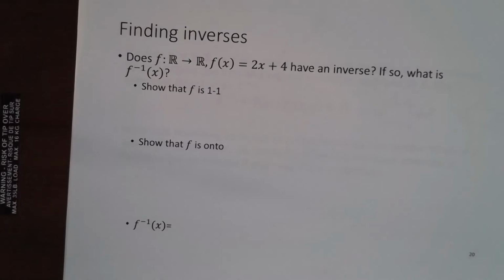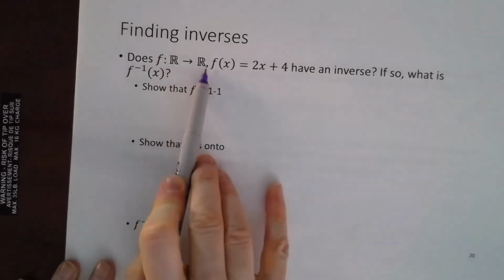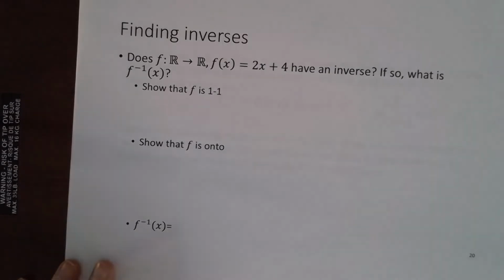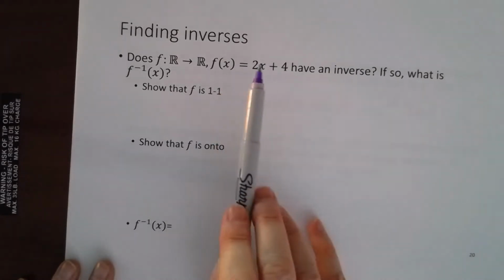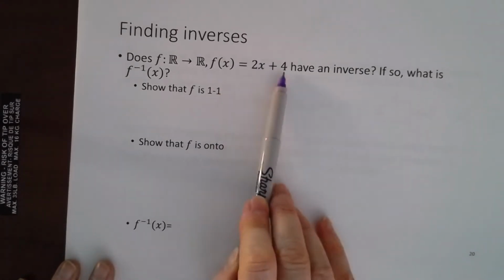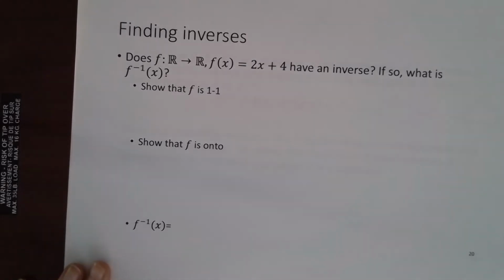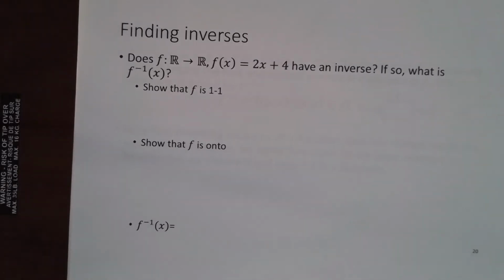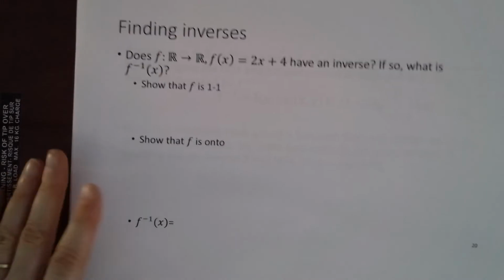This is something that you've all done before, so this will not be new to you. But let's look at the function f with domain real numbers, target real numbers, defined by take the input, multiply it by 2, and add 4 to it. Does that function have an inverse? If so, what is the inverse?